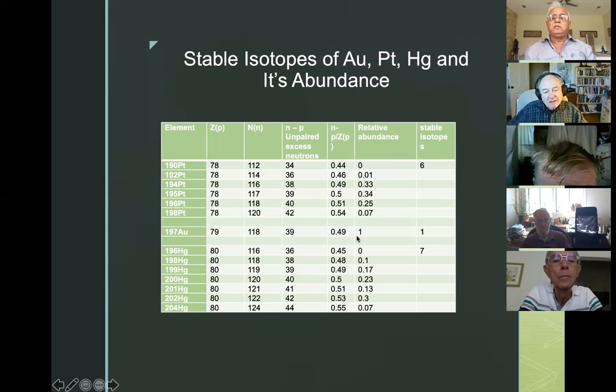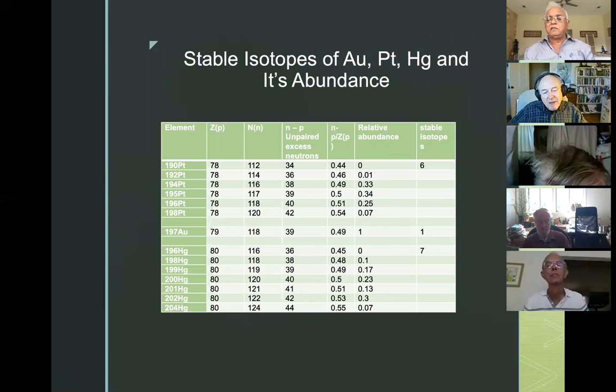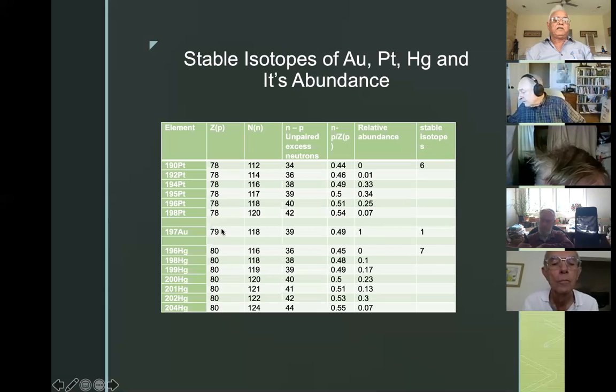But the next one, gold, with Z 79, 79 protons, has only 1 stable elemental isotope, with the total abundance of 1, with 79 protons and 118 neutrons.